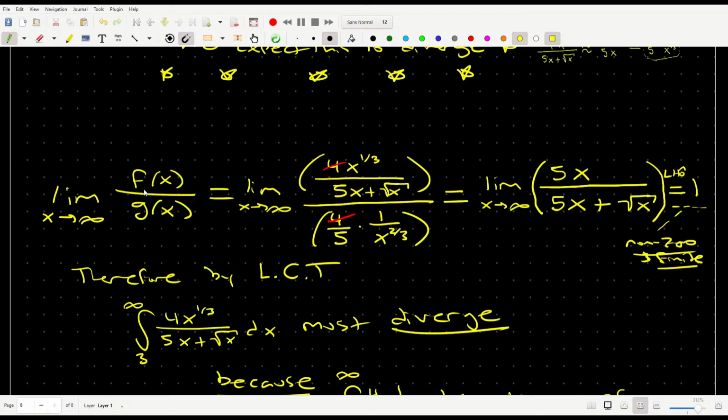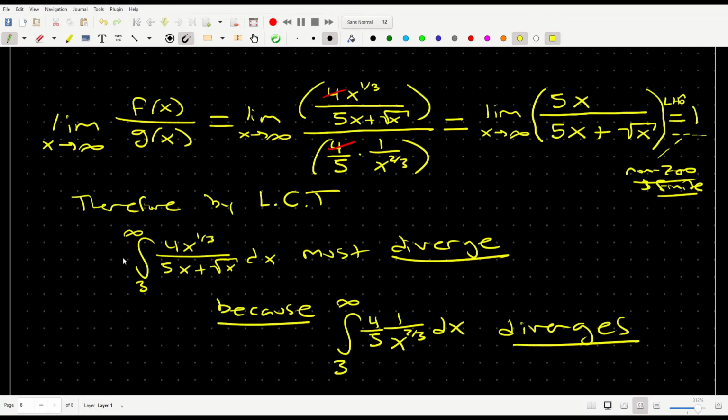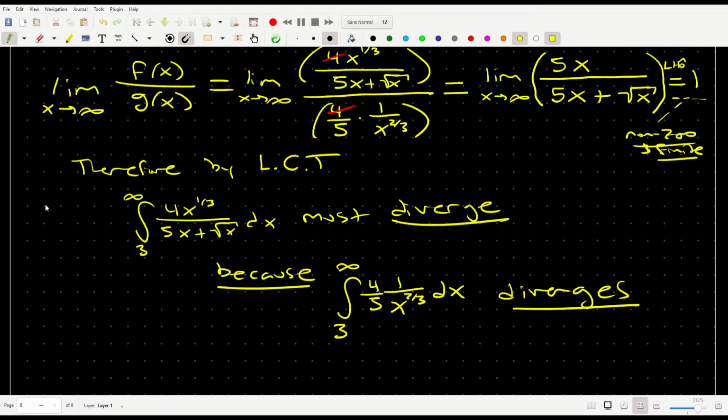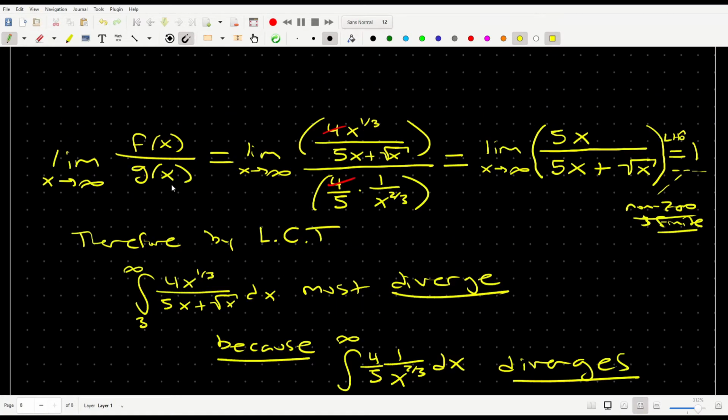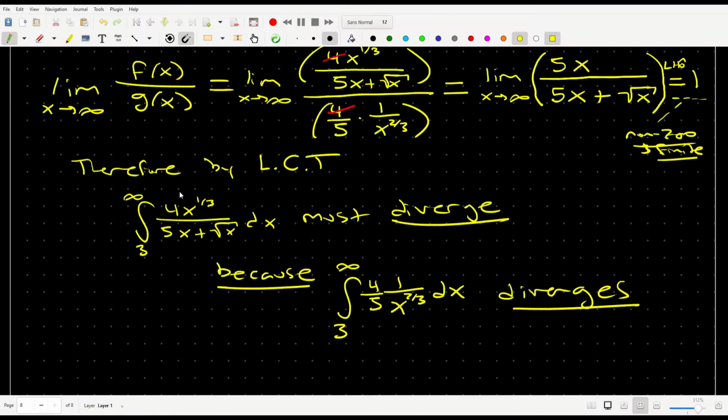They're growing at a rate that only differs by a constant. Because of that, if one of the improper integrals diverges, then the other one has to diverge, and vice versa for convergence.